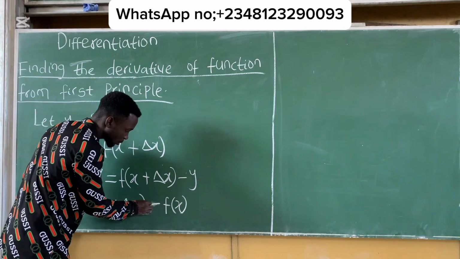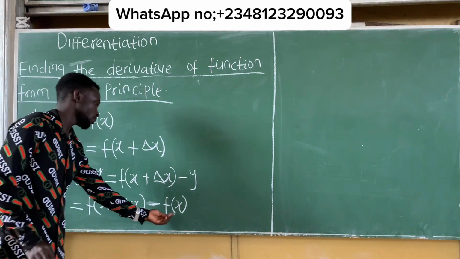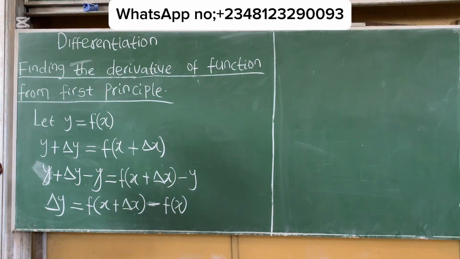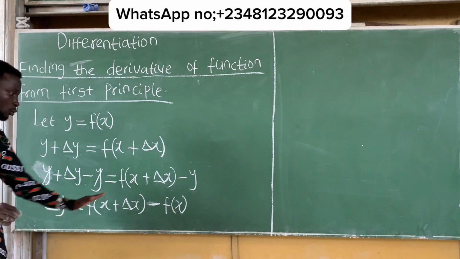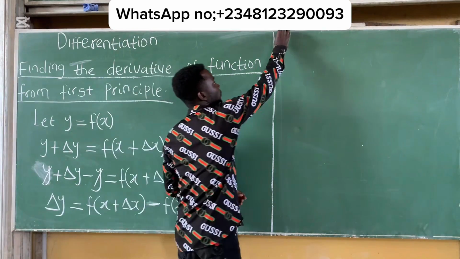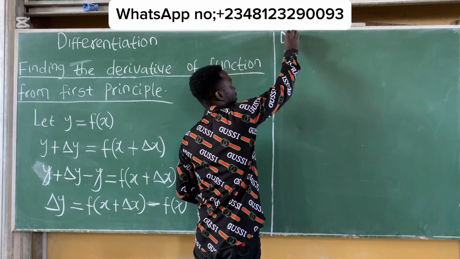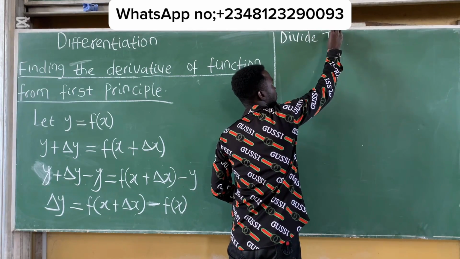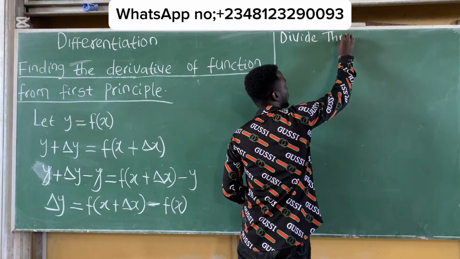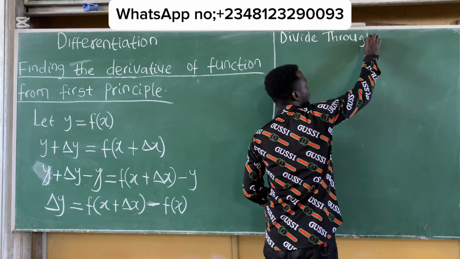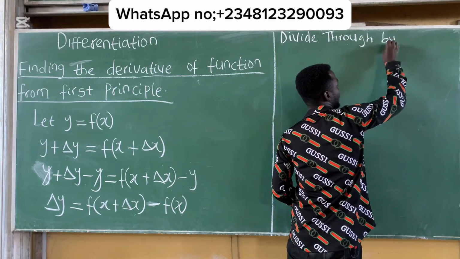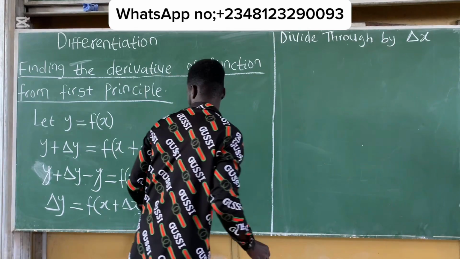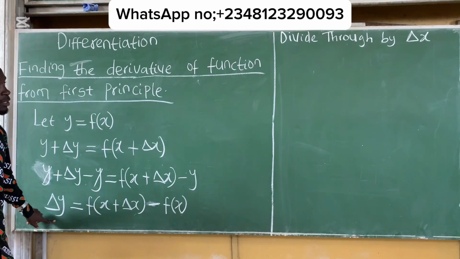After subtracting y and putting it as f of x, the next step is to divide through by delta x. This is delta y, so I'm dividing by delta x.